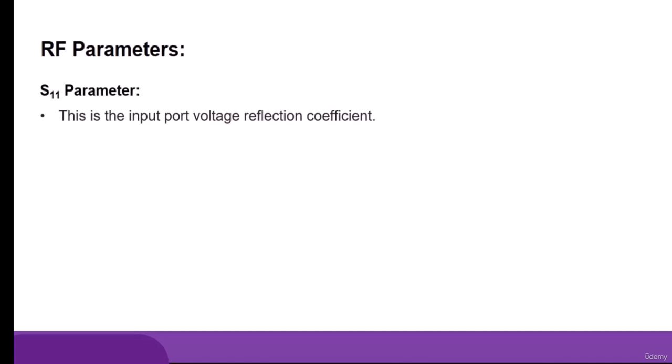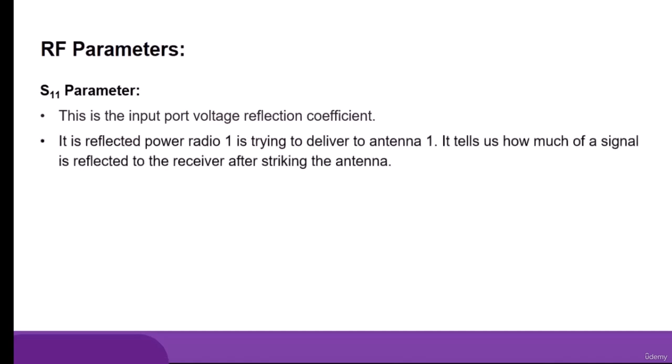This is the input voltage reflection coefficient. It is the reflected power radio 1 is trying to deliver to antenna 1; it tells us how much of the signal is reflected after striking the antenna.